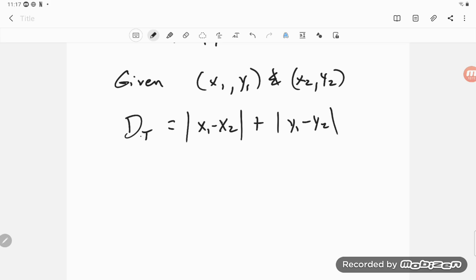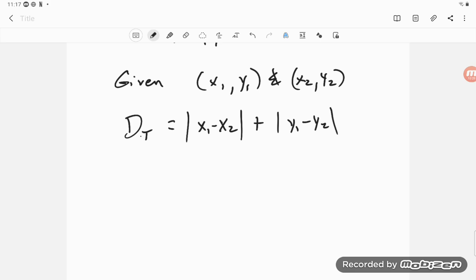And again, I could have written x2 minus x1 and y2 minus y1. That would be fine. It doesn't matter which points I decide are x1 and y1 and x2 and y2. I just keep them straight.